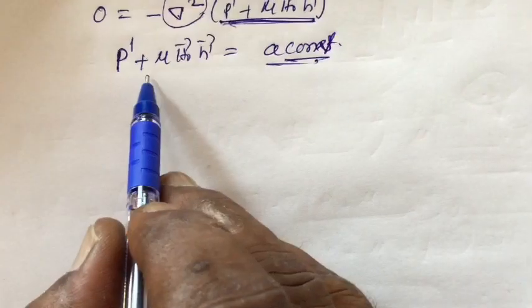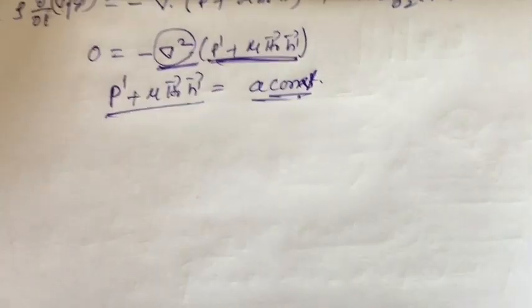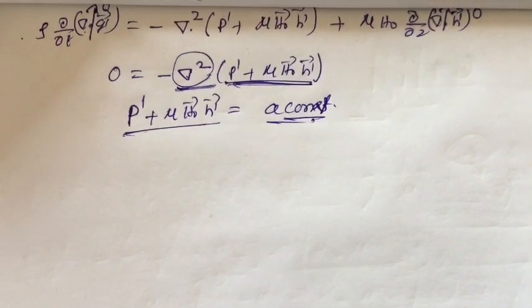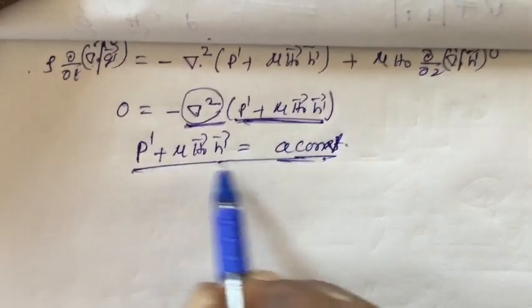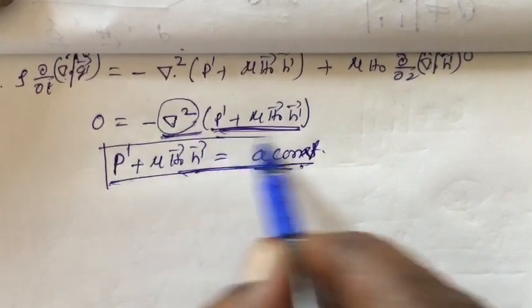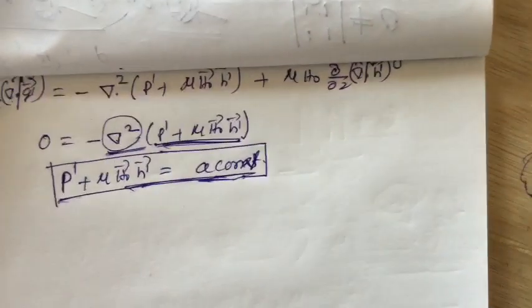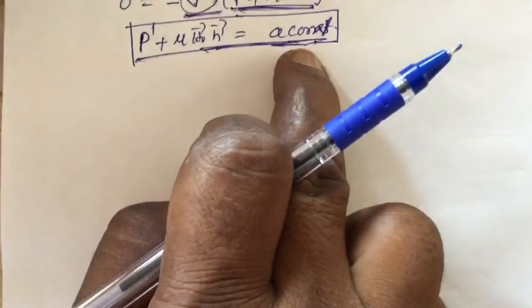The solution of the Laplace equation must be of the form P dash plus mu into H naught into H dash is equal to, not 0, but a constant. Substitute this solution into the equation.